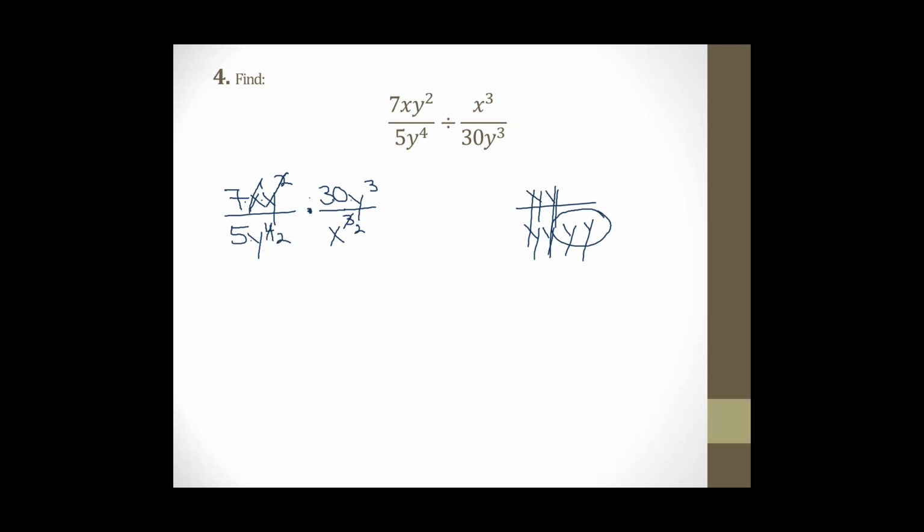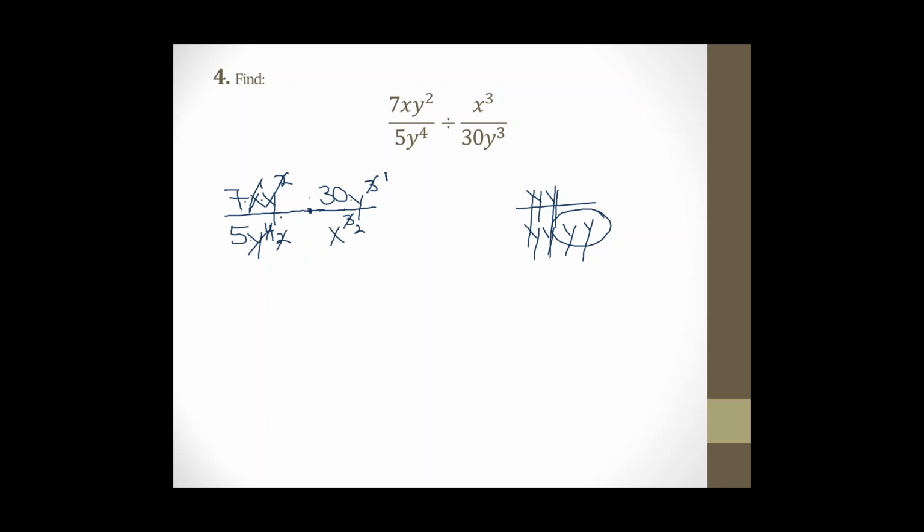I can do the same thing and subtract them, because this is basically just division. So 3 minus 2 gives me 1. That's a positive answer, so it should be in the numerator, and this y is all the way gone.